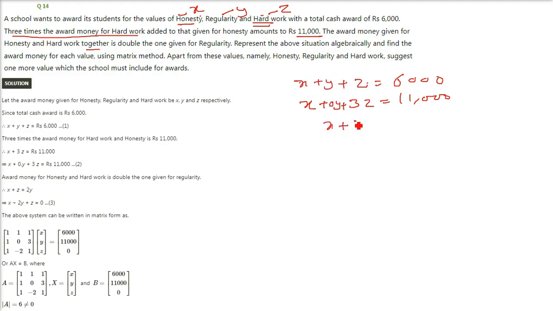So the third equation is X plus Z equal to twice Y. We take the 2Y to the left hand side, so the constant will be 0 on the right hand side.